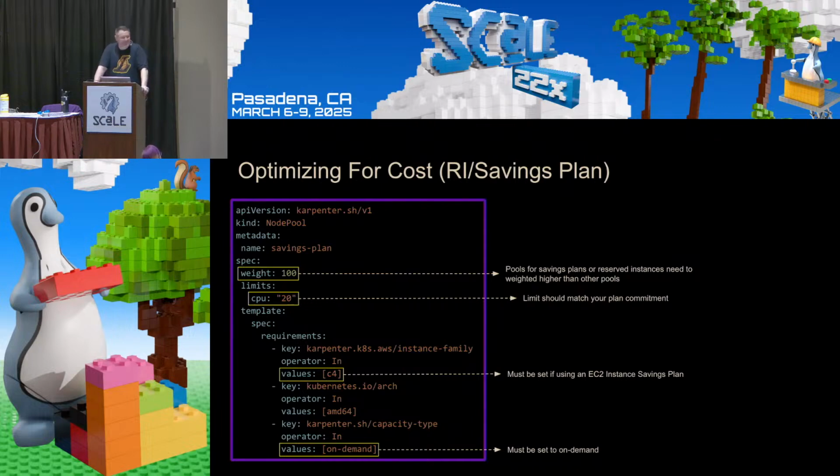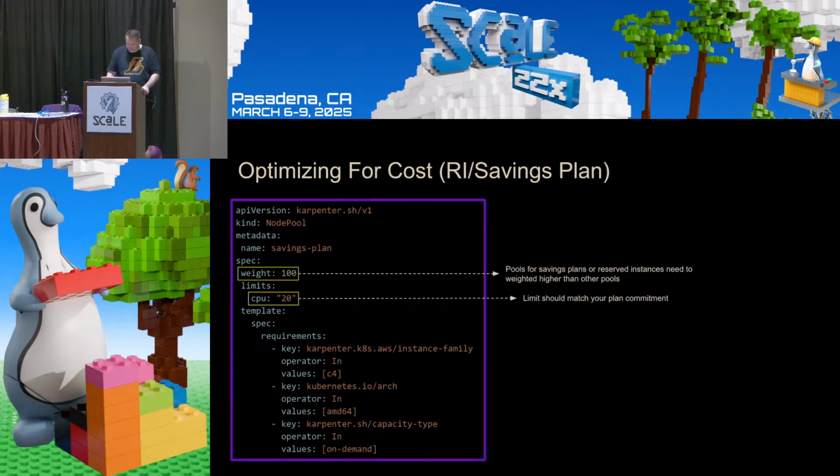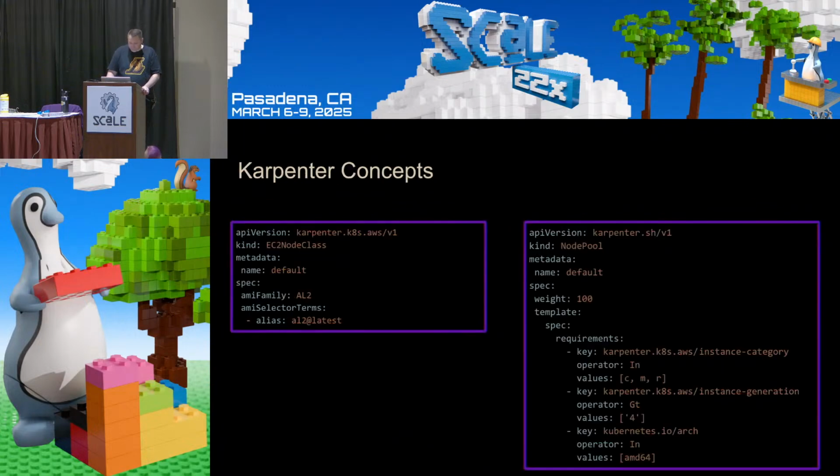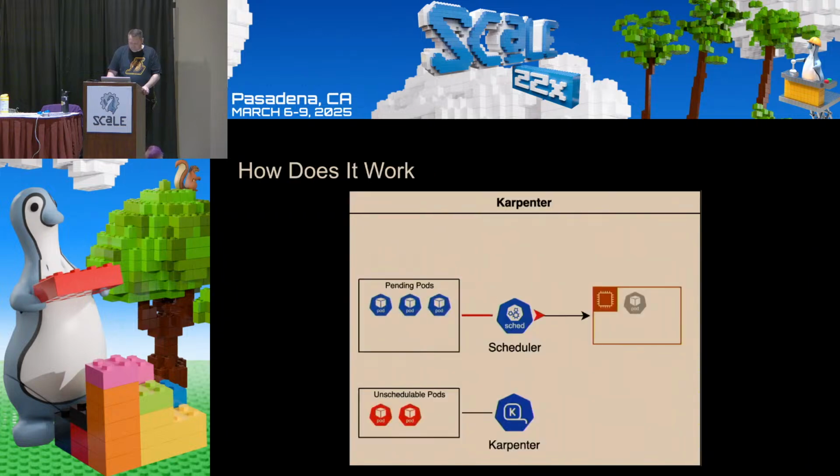You're fine. The idea that Karpenter is going to pick the cheapest node type makes me think that it will. You had the slide where it was like, I have these pending pods and some unschedulable pods, and Karpenter will look at the unschedulable and figure out what instance type I need for those.